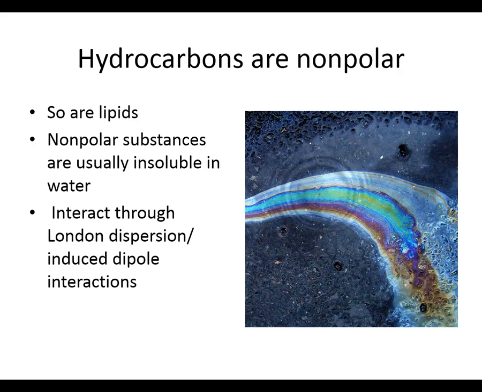Hydrocarbons are things like gasoline, so it doesn't mix with water, right? Nonpolar things don't mix with water because water is polar. If you remember the information from Chapter 2, Part 1, there's oxygen and two hydrogens in H2O, yeah? The oxygen hogs the electrons, gets a slightly negative charge. The two hydrogens get a slightly positive charge.